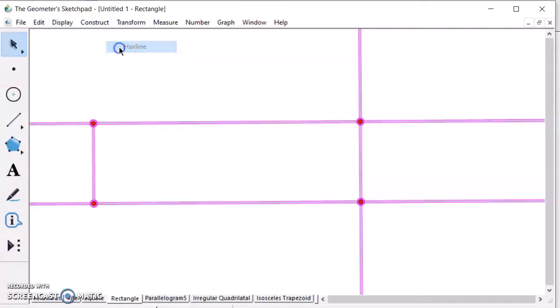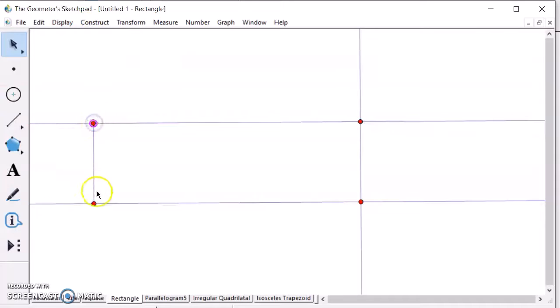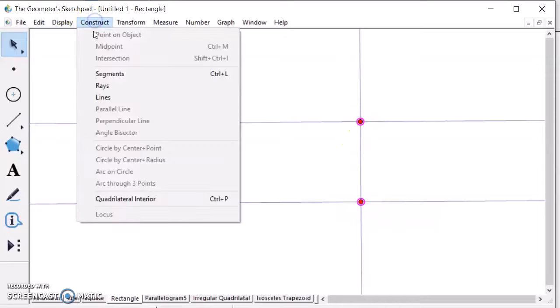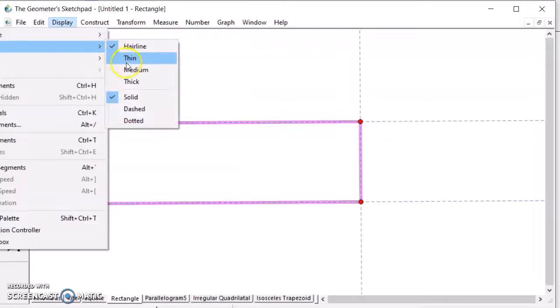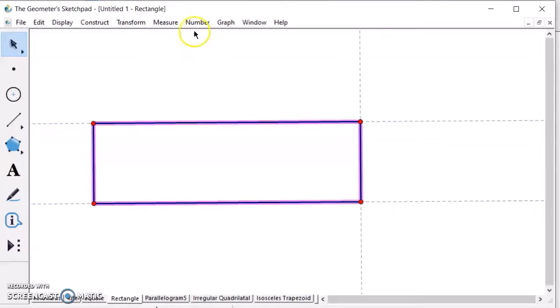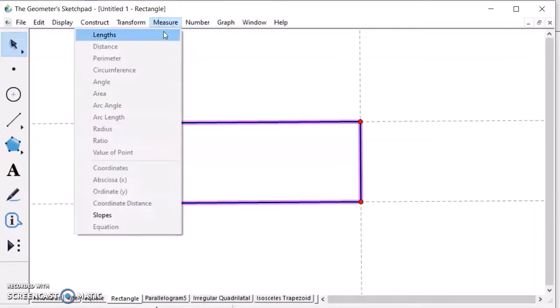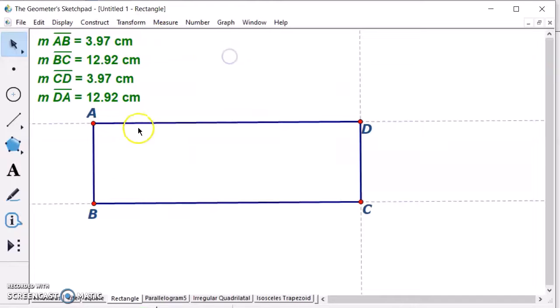So let me just thin those out and now go for the exact sides of my rectangle and make those more visible and measure. And now, oh, I shouldn't have let go.